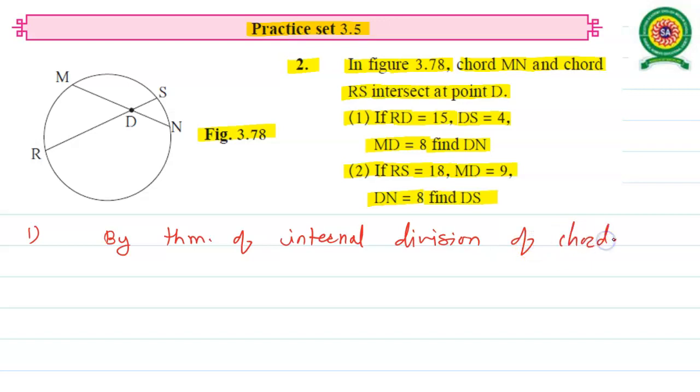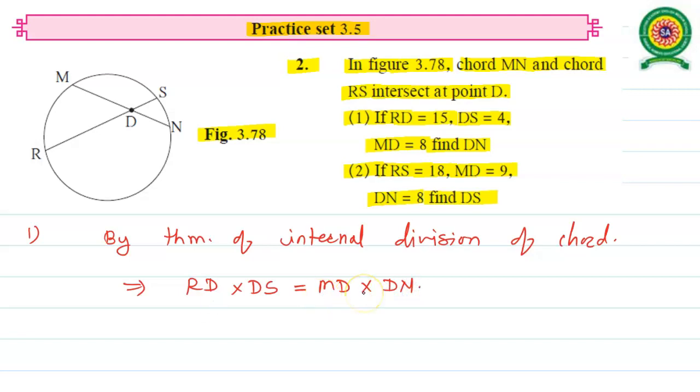As per that theorem, the product of the segments made on the first chord RS is equal to the product of the segments made by point D on chord MN. So I am writing RD into DS equals MD into DN.